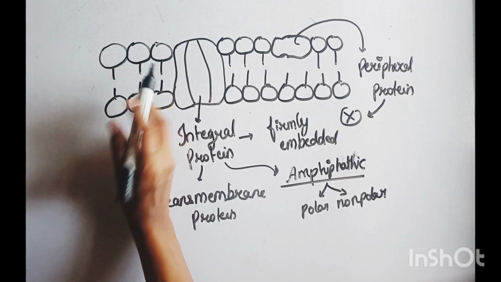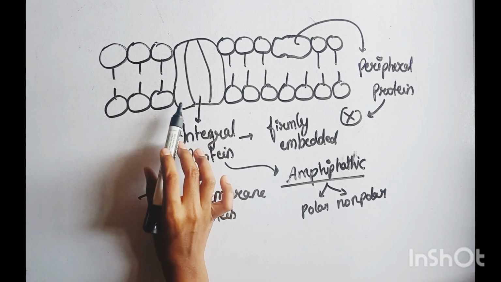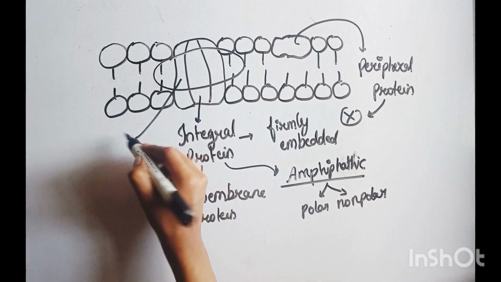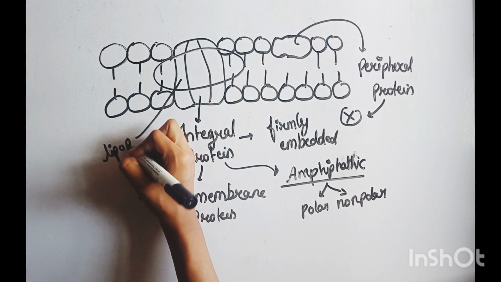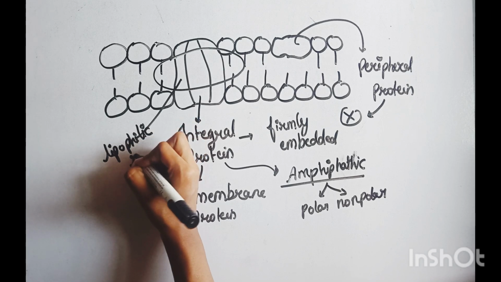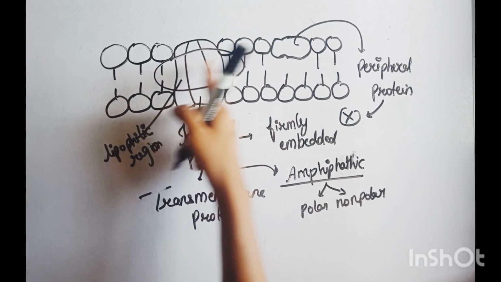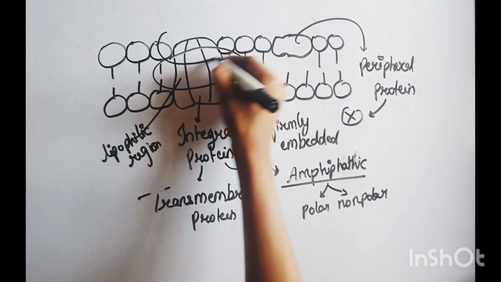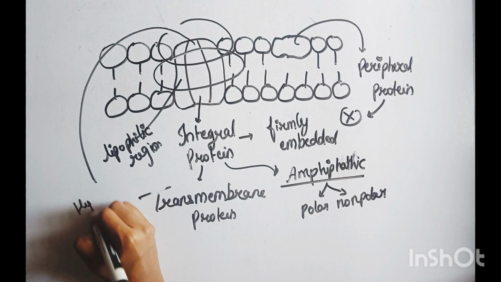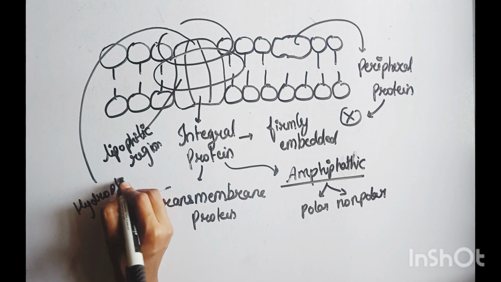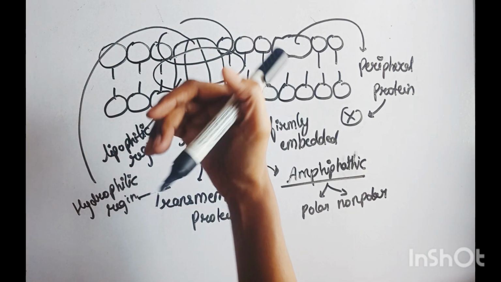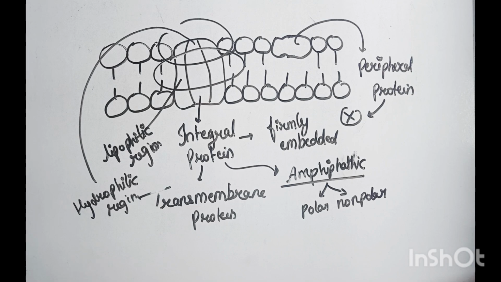Likewise, integral proteins are also amphipathic: one region is called the lipophilic region because it is attached among the fatty acid tails, and this region is called the hydrophilic region because it is attached to the polar head and extends into both the intracellular and extracellular fluid. So these are amphipathic.